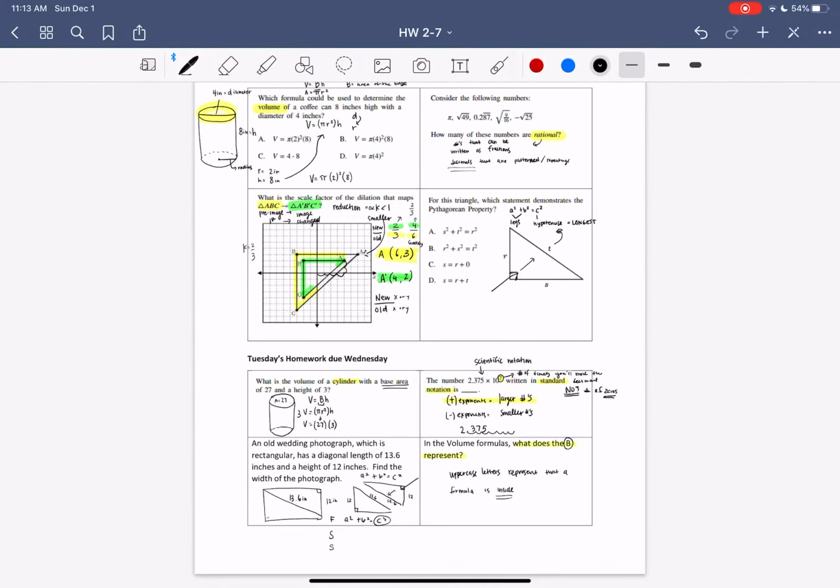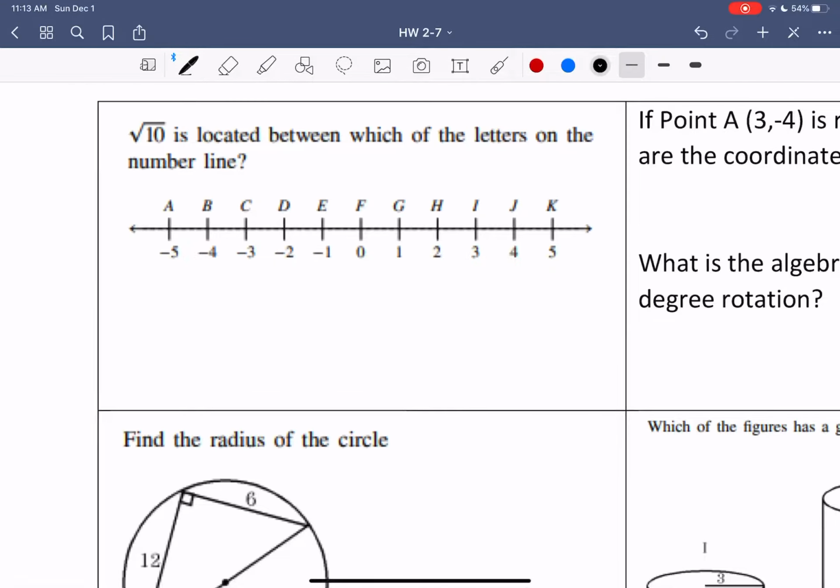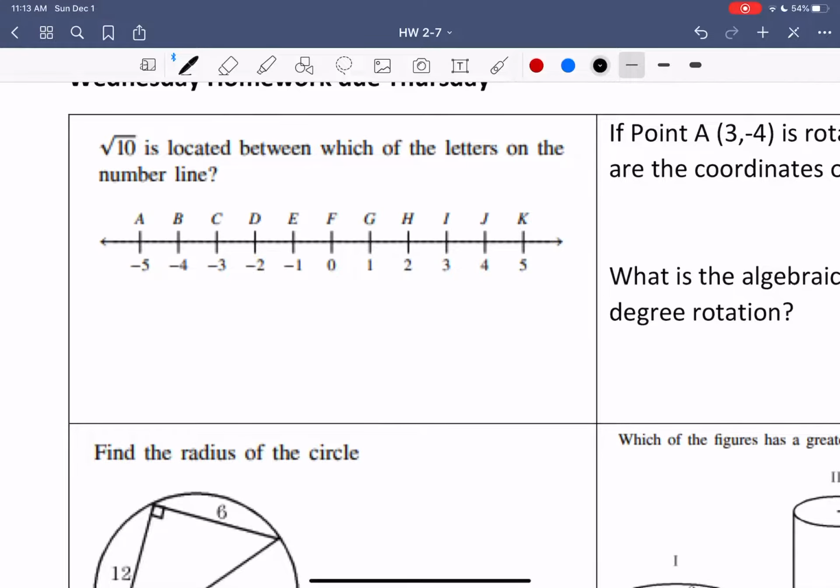All right, there's this page. Moving to Wednesday. All right, it says the square root of 10 is located between which letters on the number line. So what I would do is take this, the square root of 10, and turn it into a decimal. Or you could think of perfect squares.